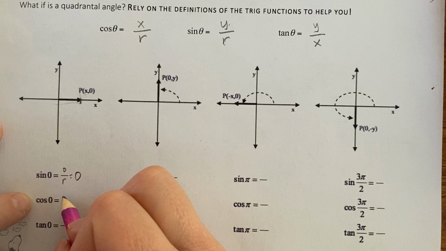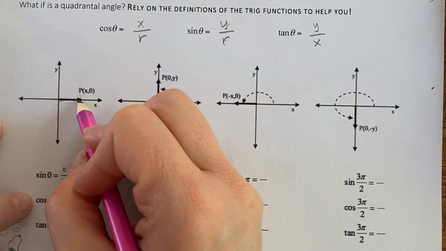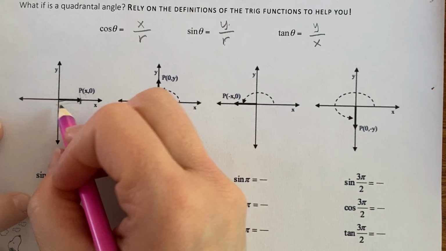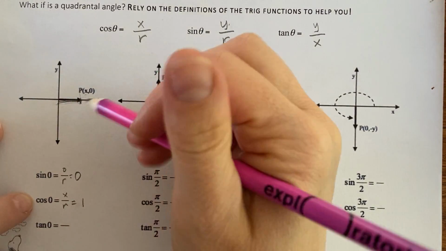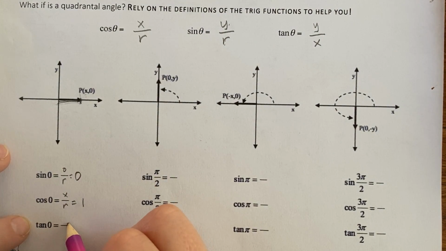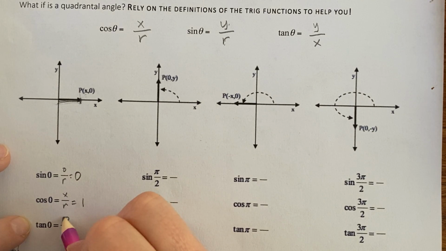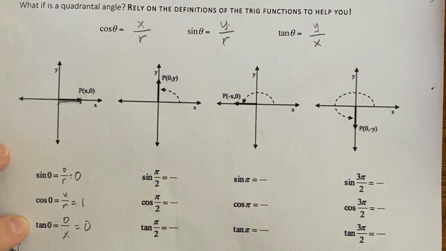The cosine is x over r, which in this case is the same thing. X and the radius are both 1, or whatever it reduces to will be 1. And the tangent is y, which was 0, over x, which we don't know, but it reduces to 0.